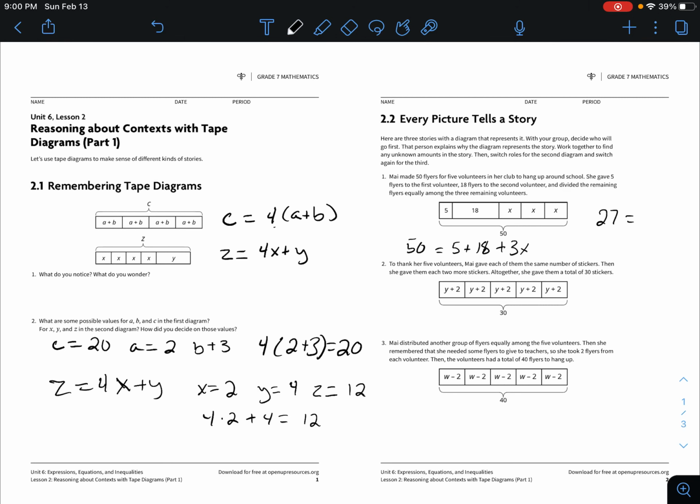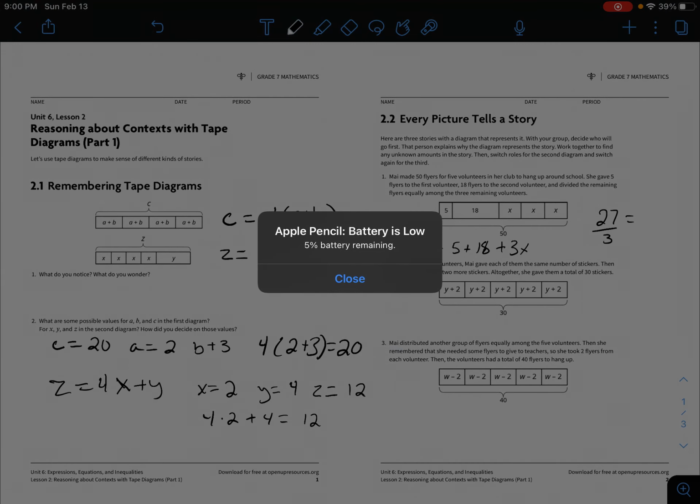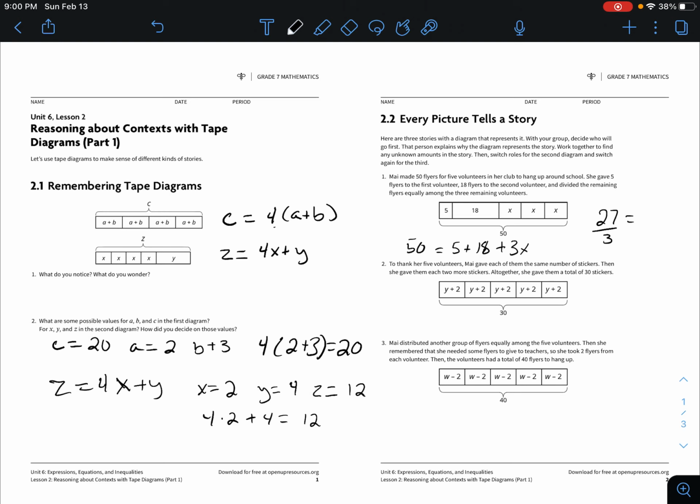Okay, and that is going to be divided 3 ways. So when you divide the 27 by 3, you're left with 9. Okay, so x is equal to 9.